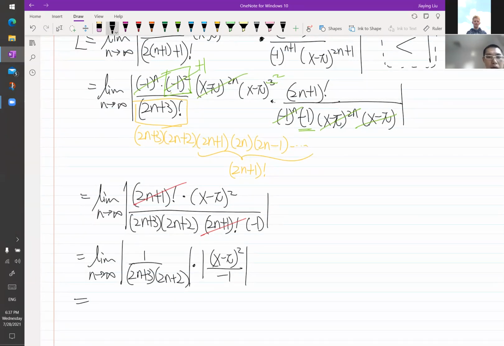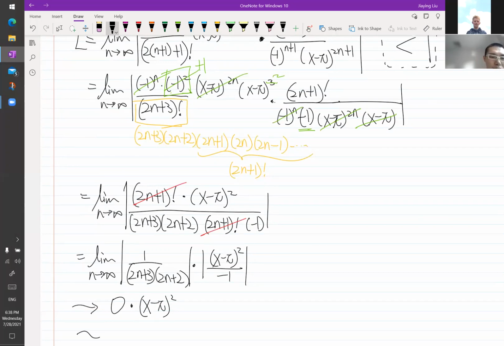The first absolute value, when we take the limit as n goes to infinity, approaches 0 times |x minus pi| squared. I'm going to drop the absolute value because the square is positive, and the denominator, negative 1 in the absolute value, we can make positive.